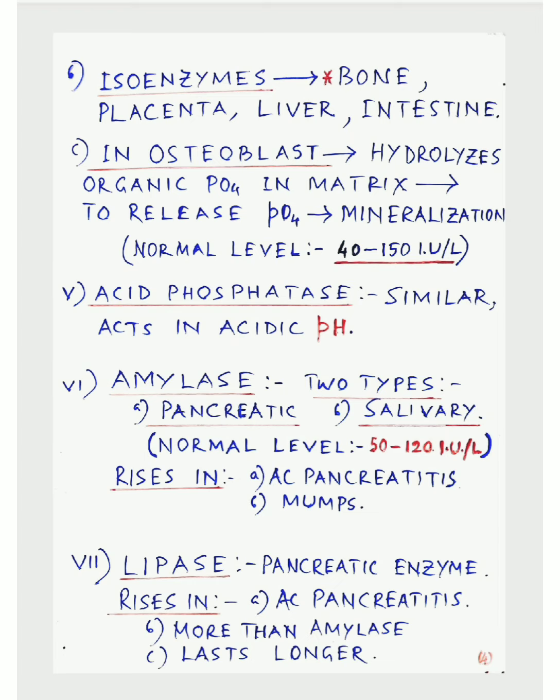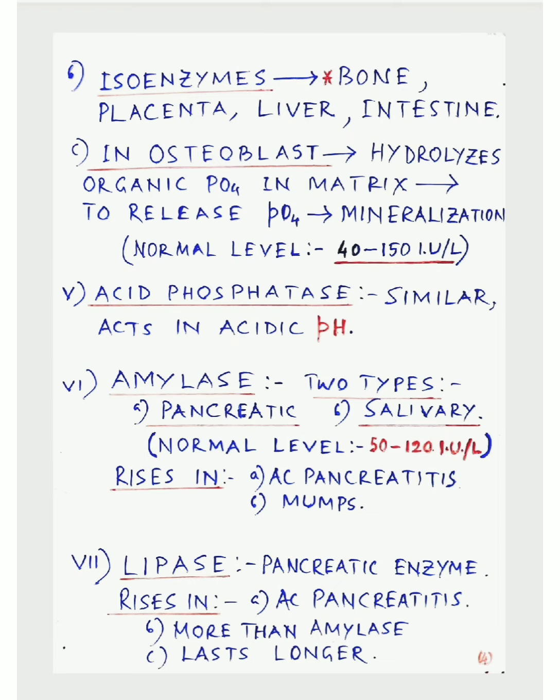Next important is amylase. Amylase is produced by the pancreas and salivary glands, and both act on starch to produce maltose, isomaltose, glucose, etc. Both salivary and pancreatic amylases are alpha amylases. Normal level is 50 to 120 international units per liter.